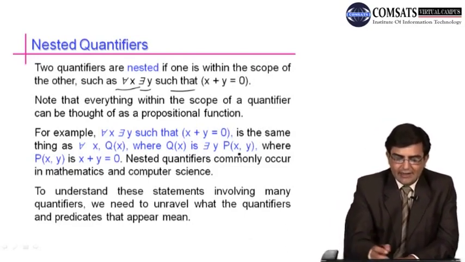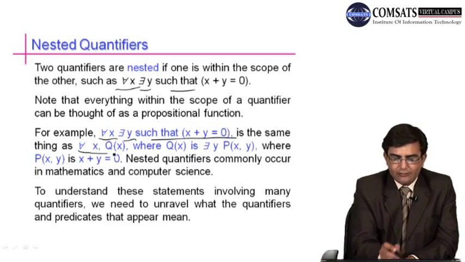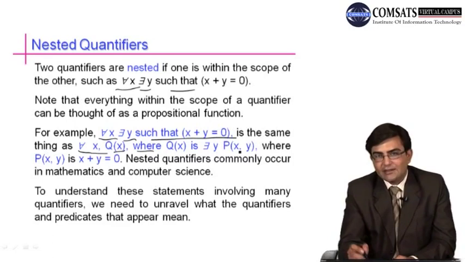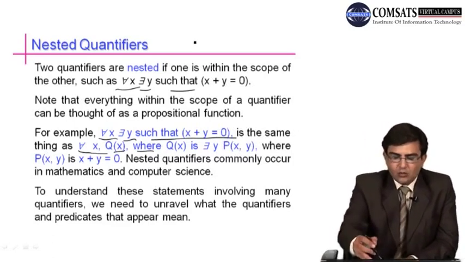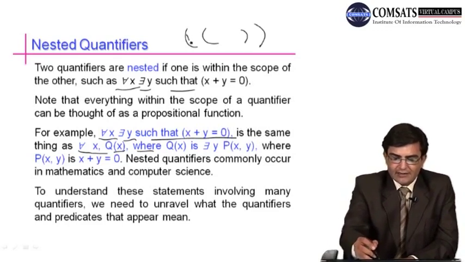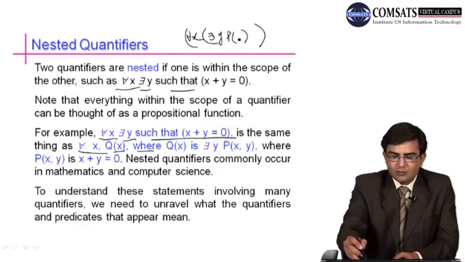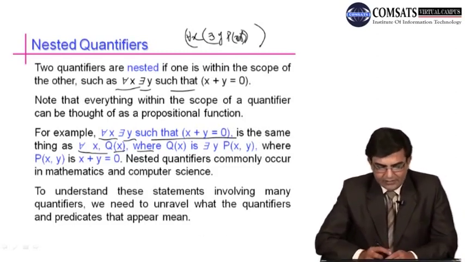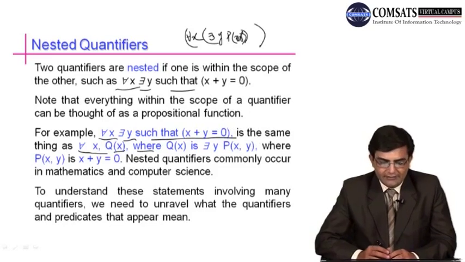You can say that for all x there is y such that p of xy is the same thing as for all x, q of x, where q of x is there is y such that p of xy, meaning one is within the scope of the other. This is basically nested quantifiers.